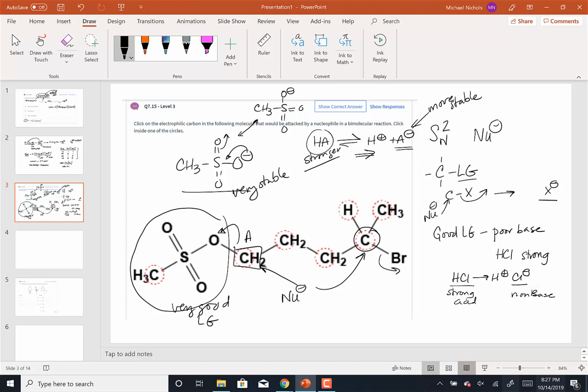Number one, the bromide is a good leaving group, but this, it's called a sulfonate group. This sulfonate group is even better because it has more resonance structures. So if this is a good leaving group, this is a very good leaving group. And so the easier you can displace the leaving group, the faster the reaction is going to be. So that's number one in favor of the CH2 attached to the sulfonate group.